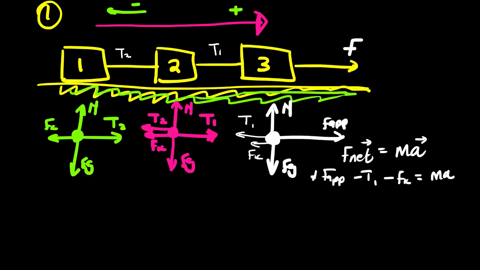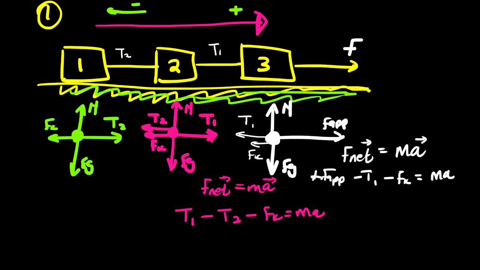So basically this is the equation for our object 3. So for object 2 we have T1, which will be positive since it's to the right, minus T2 minus Fk, equals ma.